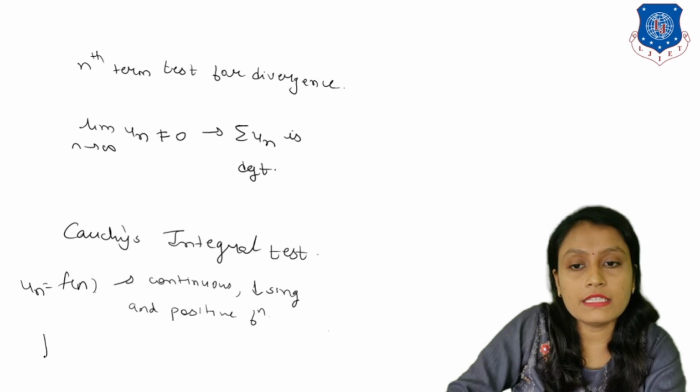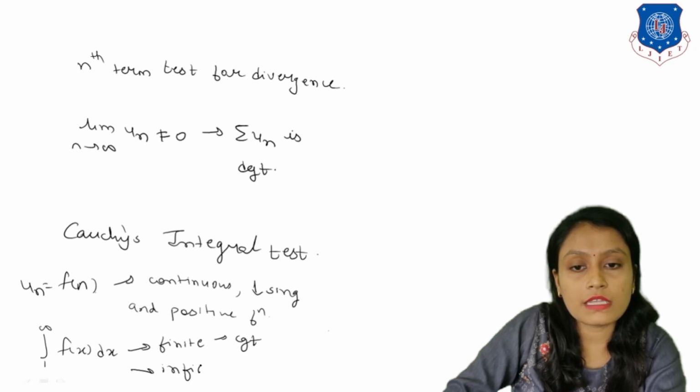So we will find this integration 1 to infinite f of x dx. If your answer is finite, then the series is convergent, and if the answer is infinite, then the series is divergent.